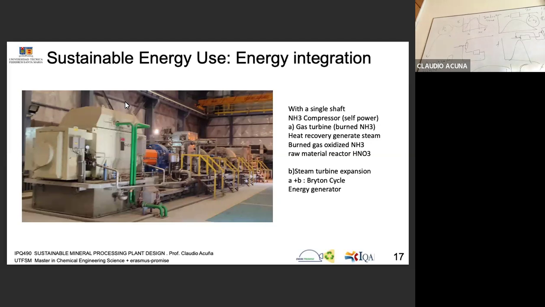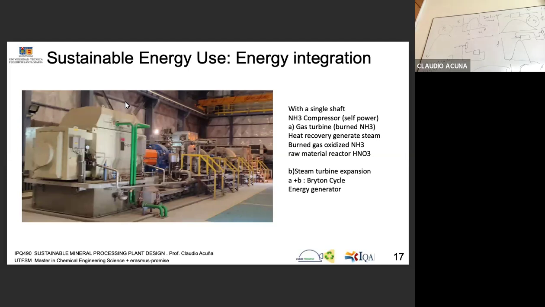Remember, NH4. You can burn it and generate energy. Why is NH4 important? If you want to go renewable, you're generating hydrogen. We cannot transport hydrogen, we transport ammonia.